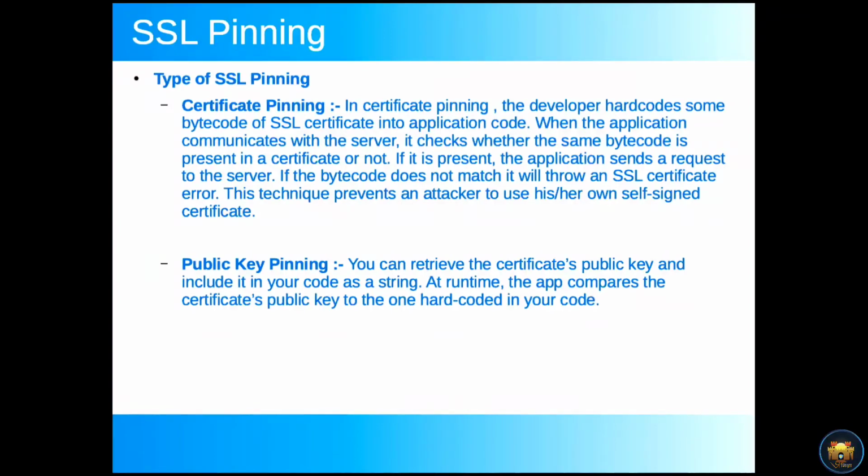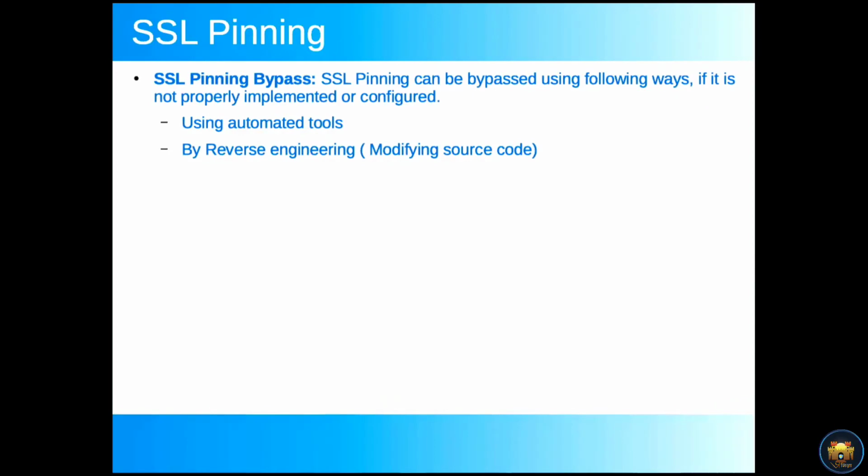So, SSL pinning bypass. SSL pinning can be bypassed in the following ways. Either you can use automated tools or use reverse engineering, the same as I used earlier for the root detection bypass.